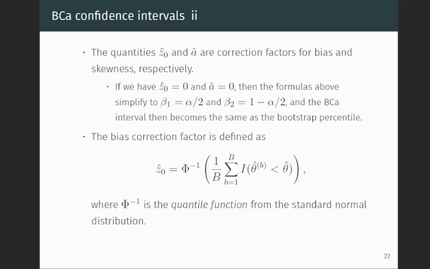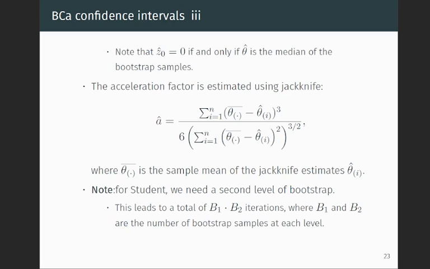And so you can see how z0 hat could be equal to 0 if you have exactly 50% of your Bootstrap sample being less than theta hat. Or, in other words, if theta hat is the median of the Bootstrap samples. And so that's the way in which it corrects for bias.